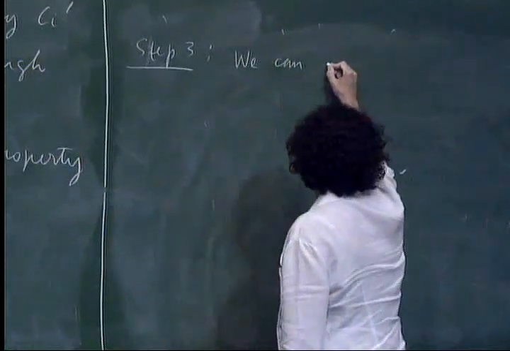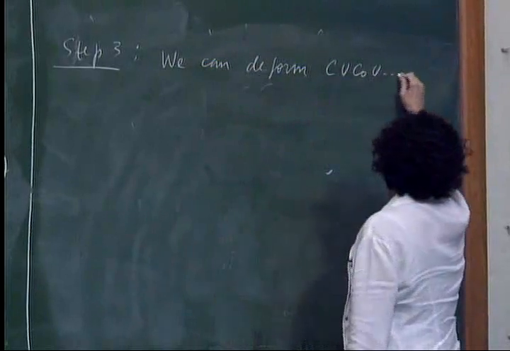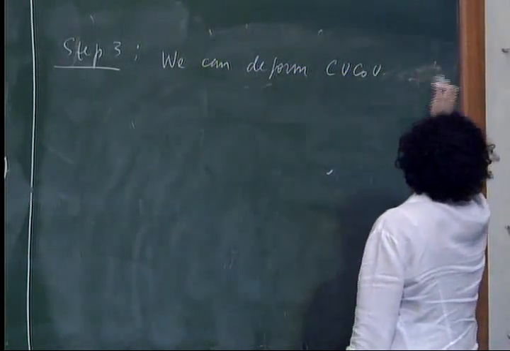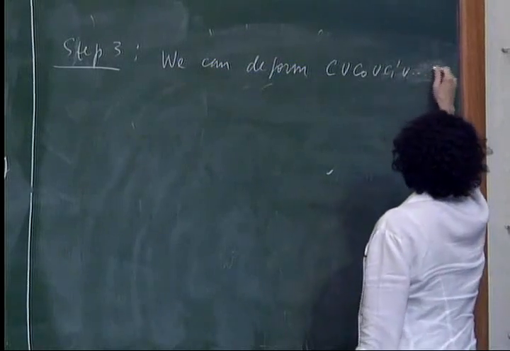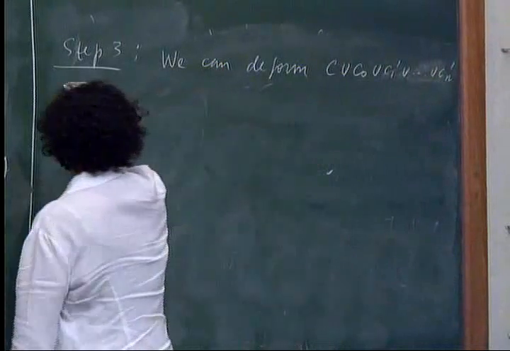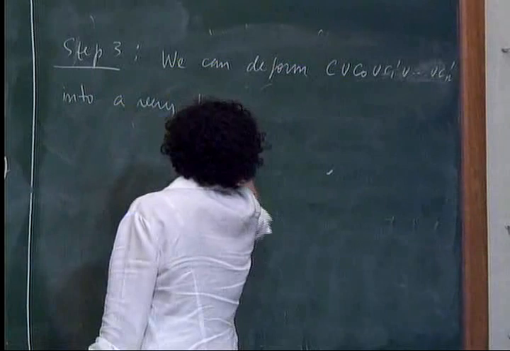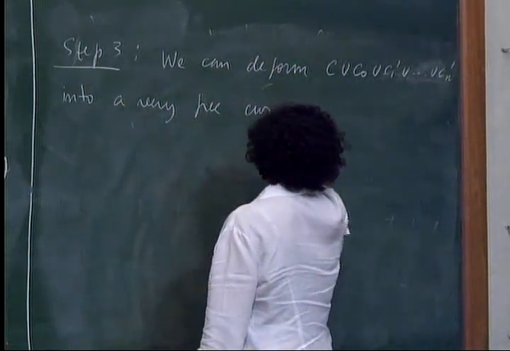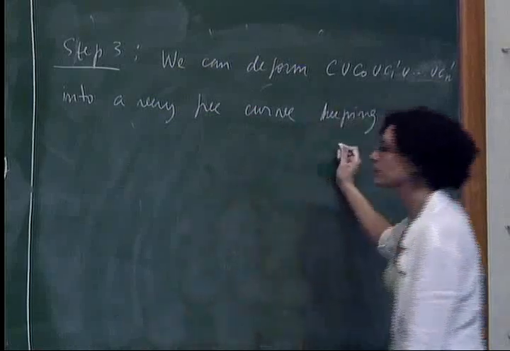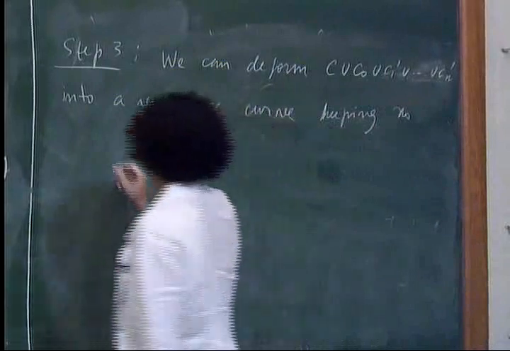We can deform C union C naught up to CK, C1 prime up to CK prime into a very free curve keeping x naught and x fixed.